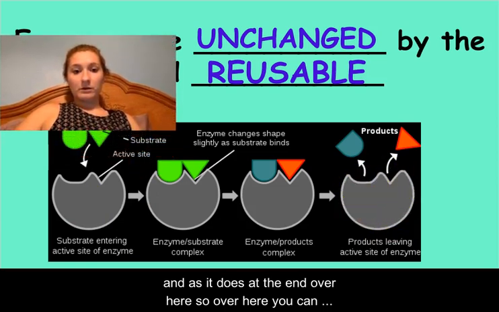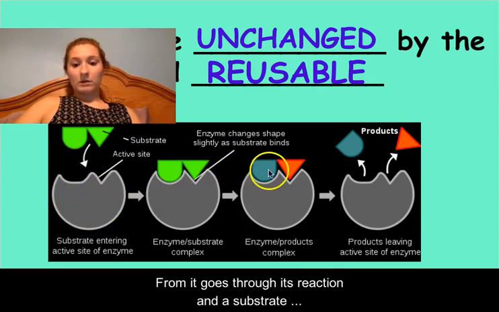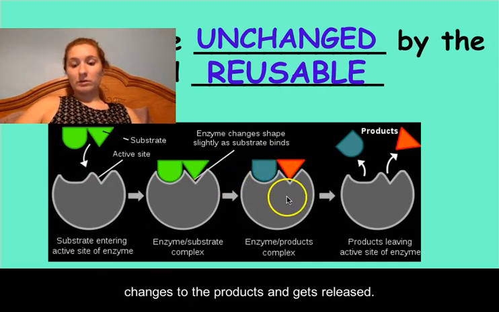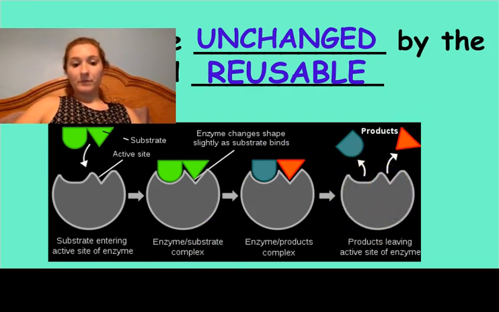So over here you can see that the substrate fits exactly in that active site of the enzyme. It goes through its reaction and the substrate changes to the products and gets released, but the enzyme stays exactly the same. Your fifth keyword is and, A-N-D.